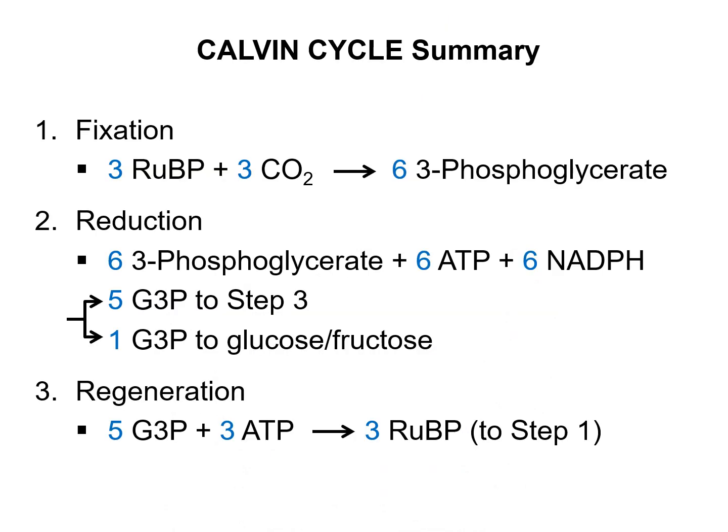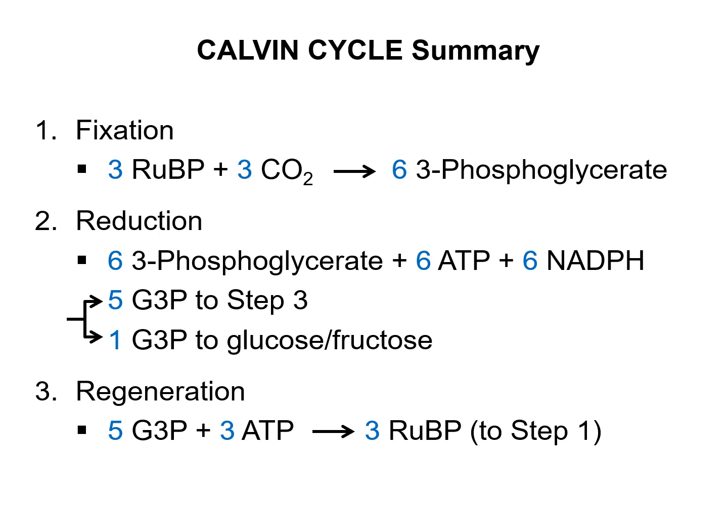And overall, this is the Calvin cycle summary involving phases of fixation, reduction, and regeneration. During the fixation phase, 3 molecules of ribulose biphosphate combining with 3 molecules of carbon dioxide will produce 6 molecules of 3-phosphoglycerate.